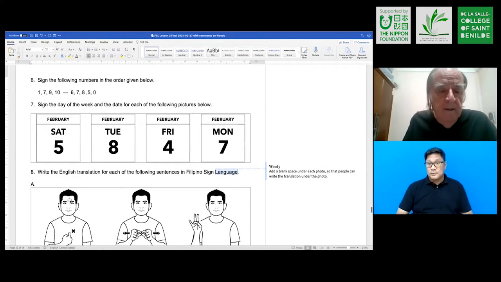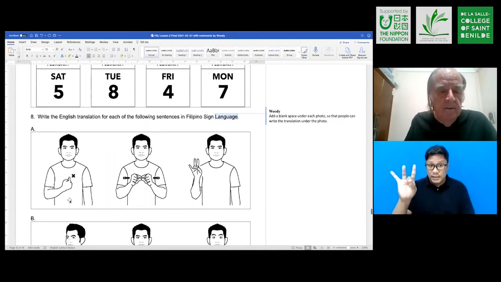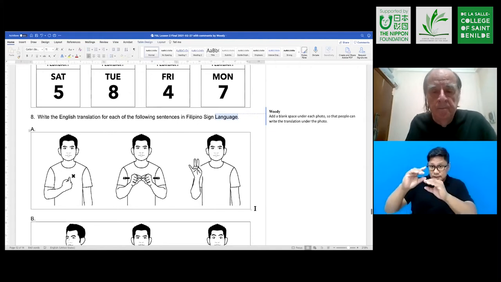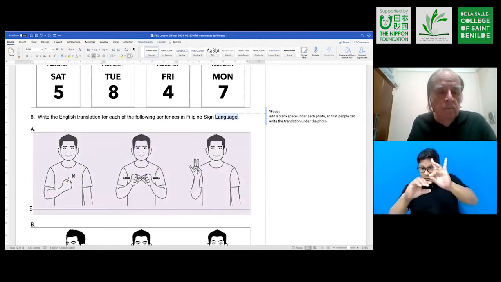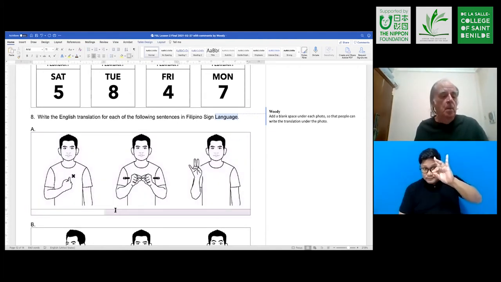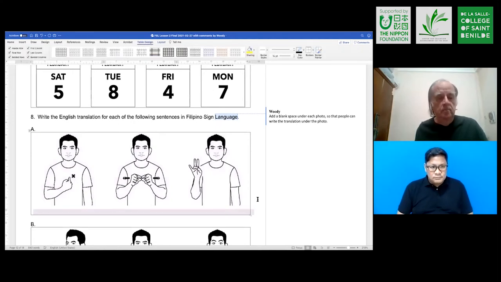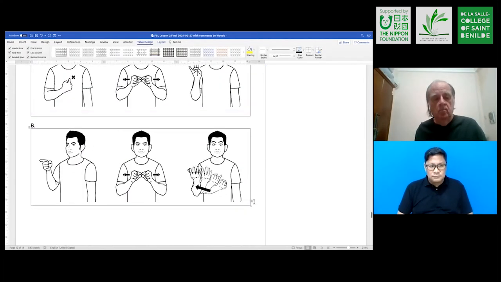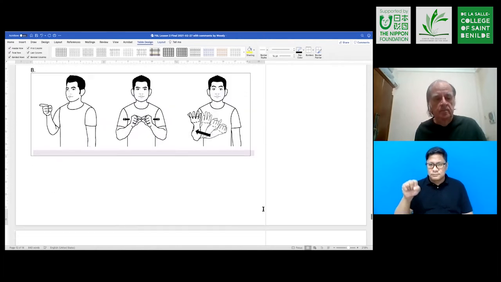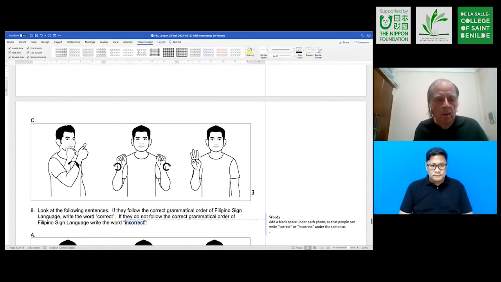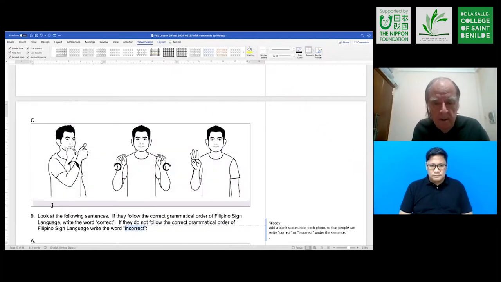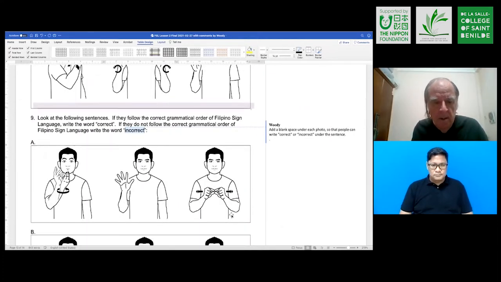Okay, and then number 8, just add a space under the sentence. Yes. Same here, A, B, and C, space underneath.